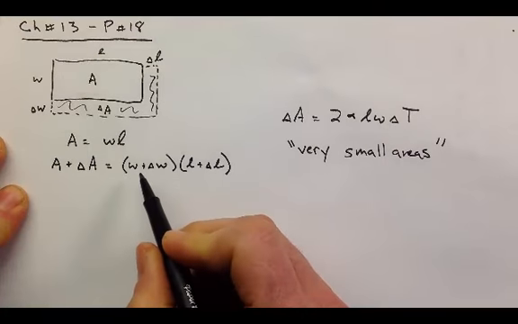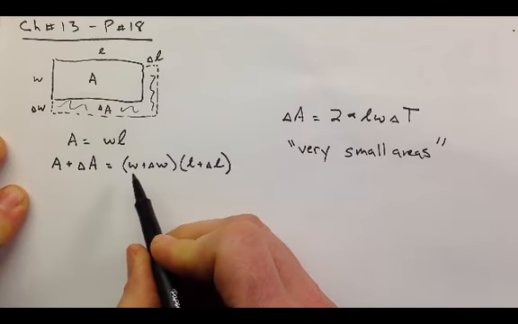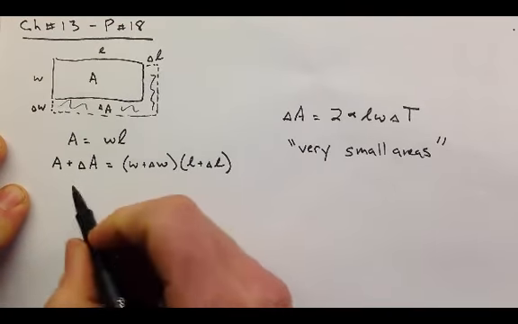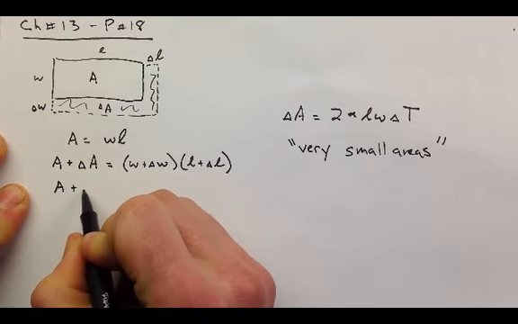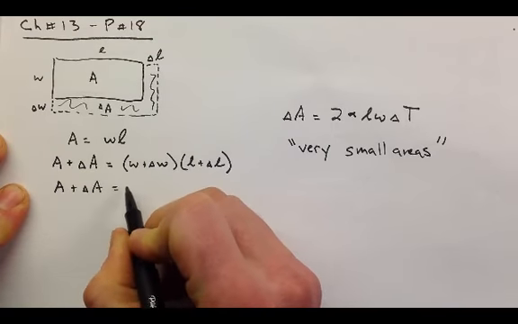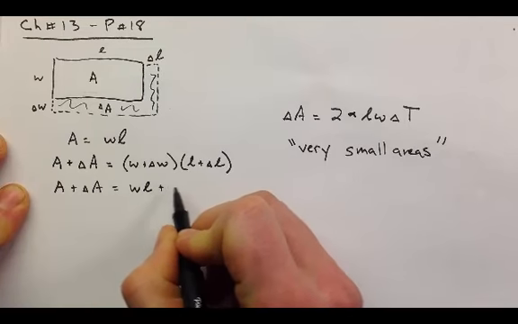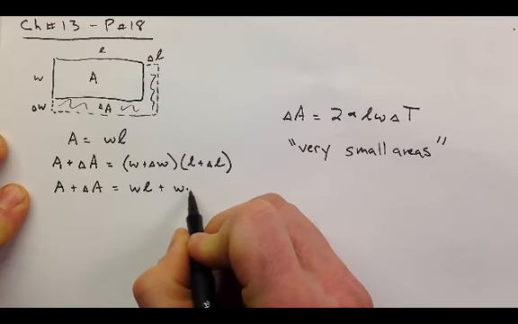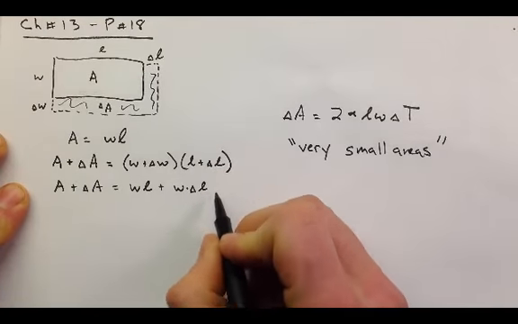Okay. Well, let's use a little good old-fashioned algebra here and FOIL this out. So A plus delta A must equal WL plus W times delta L, right?